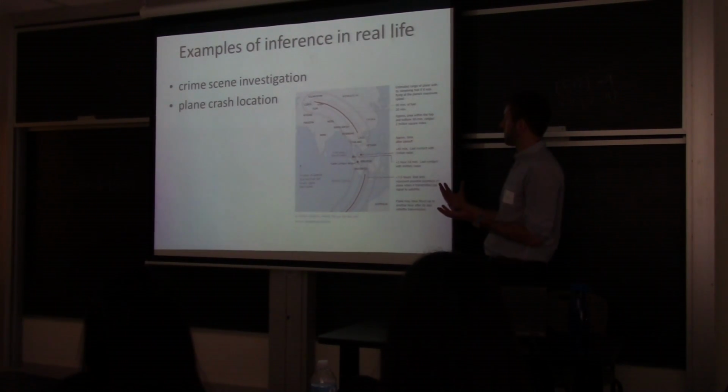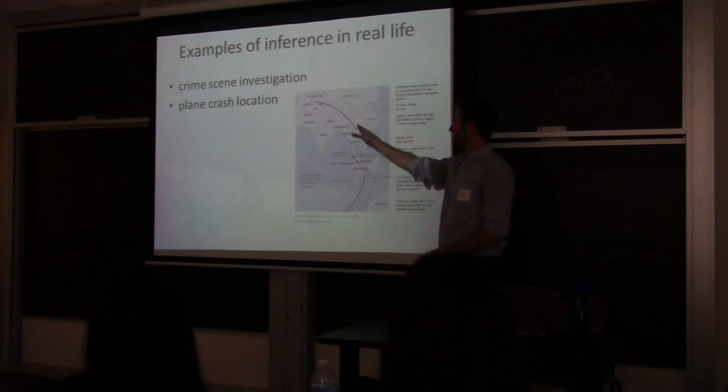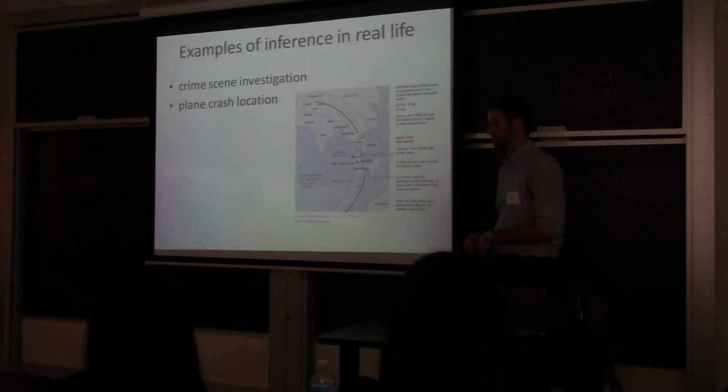And what's cool about this, and this is from the New York Times, is they did some mathematical inference and were able to draw out the probabilities of the plane being in a particular location, and that helped make the search more targeted.